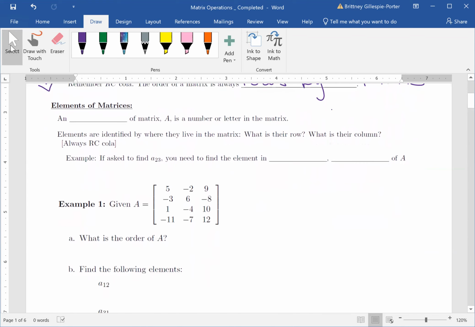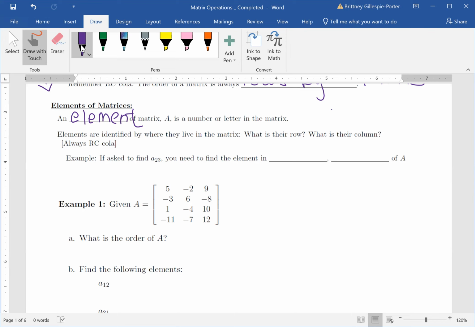Talk about elements of matrices. An element of matrix A is a number or letter in the matrix. Elements are identified by where they live in the matrix. What is their row? What is their column?